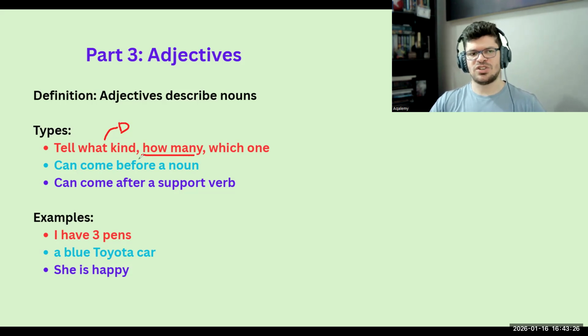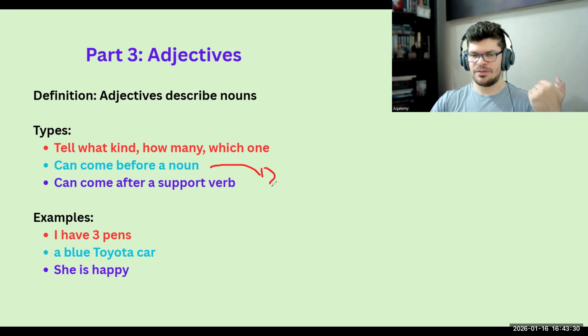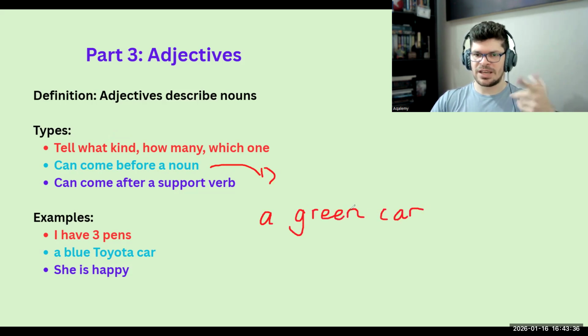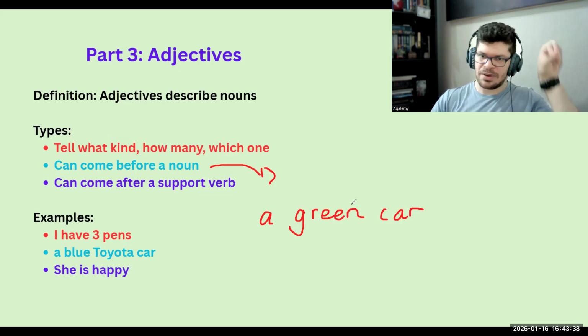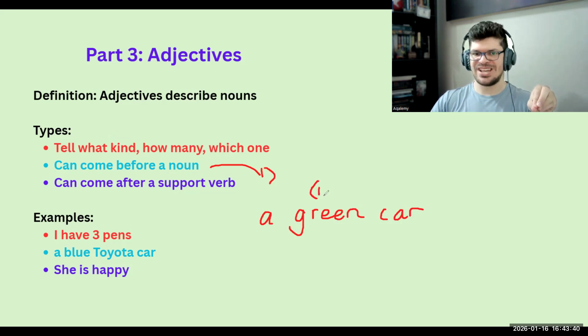In most situation, the adjective come before noun. Okay, for example, a green car. Can you see? Green is before noun. So green is 1, car is 2, before. Sometimes we can use after.